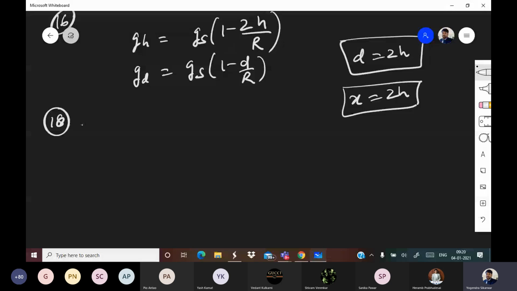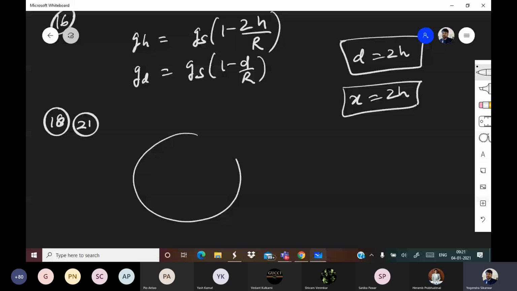Next is 21. Question number 21 says the gravitational potential energy of a body of mass small m at Earth's surface is minus mgRe. Its gravitational potential energy at height Re from the Earth's surface will be. So try to understand. This is Earth and this is the object.